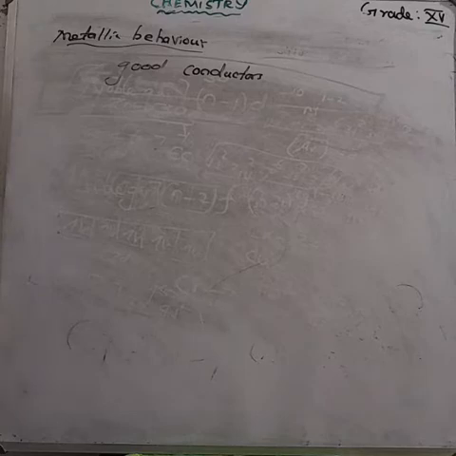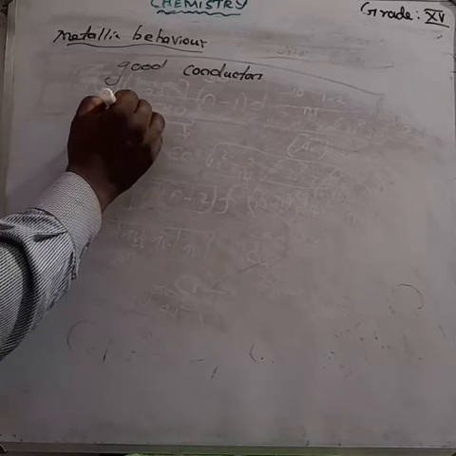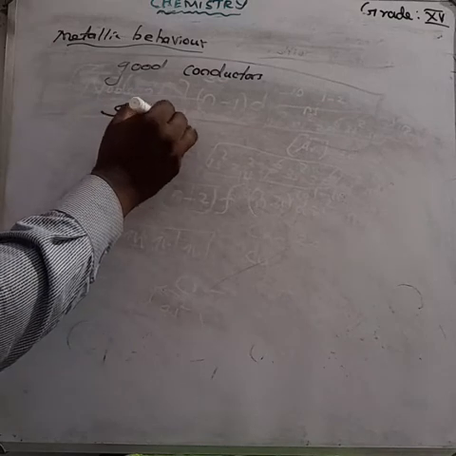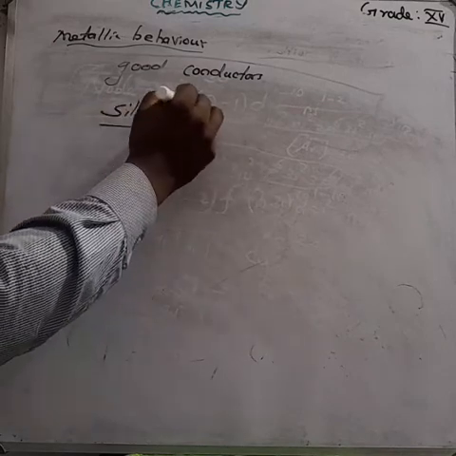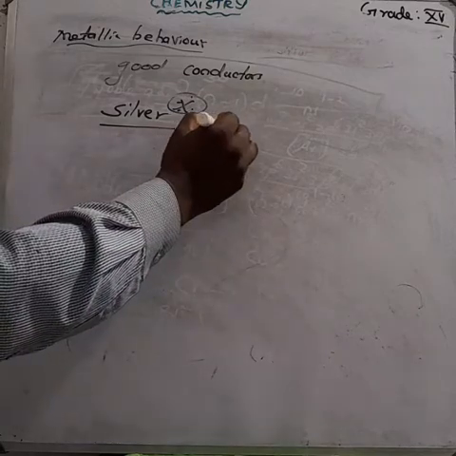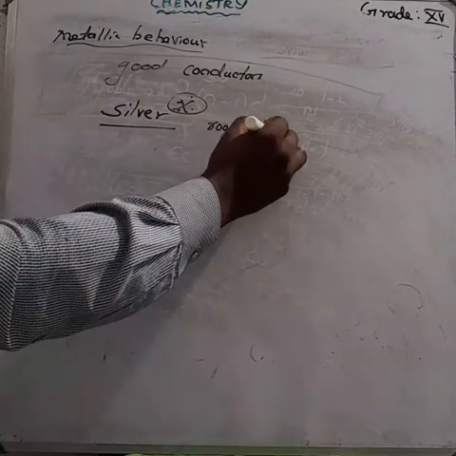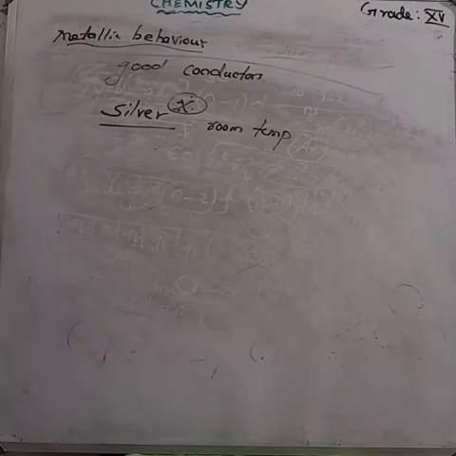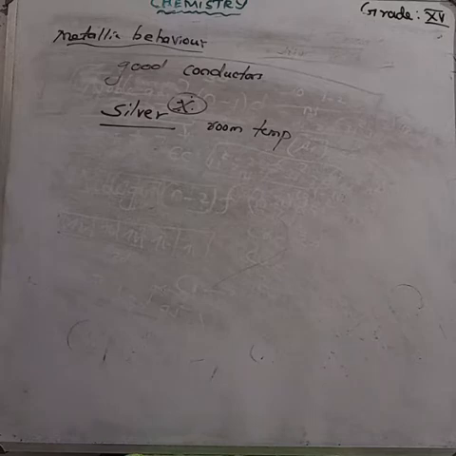One very important point: silver has the highest electrical conductivity at room temperature. This is important for one-word questions, so don't forget that. Next, we will discuss the following topic.